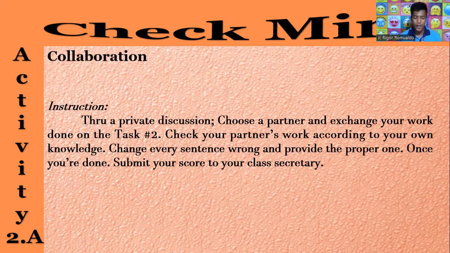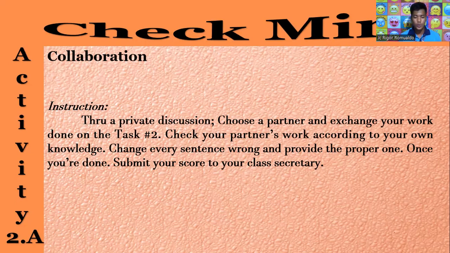Yes, class. What you're going to do is to read and analyze the sentences made by your classmate or your partner. Then, if you saw something wrong, provide the proper one or the good one. Once you're done, submit your score to your class secretary.